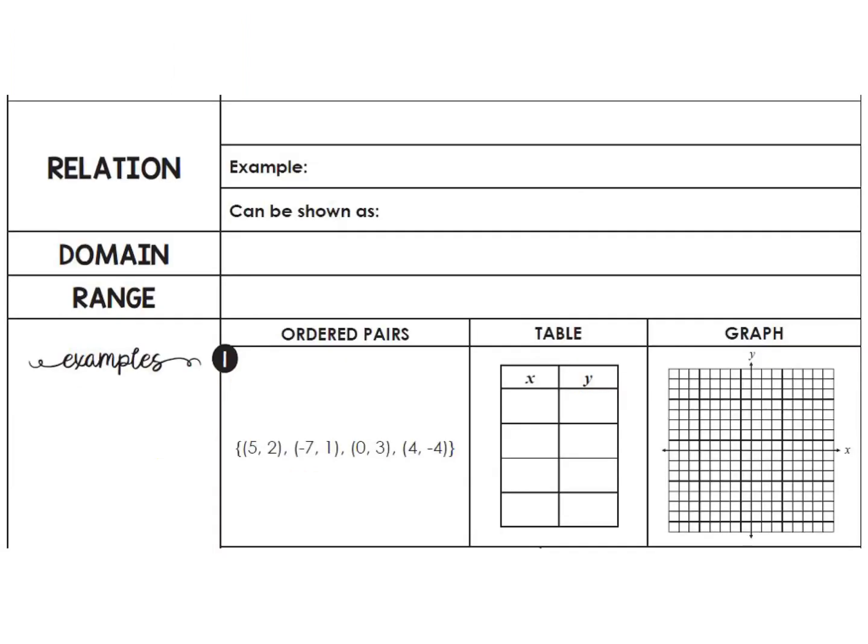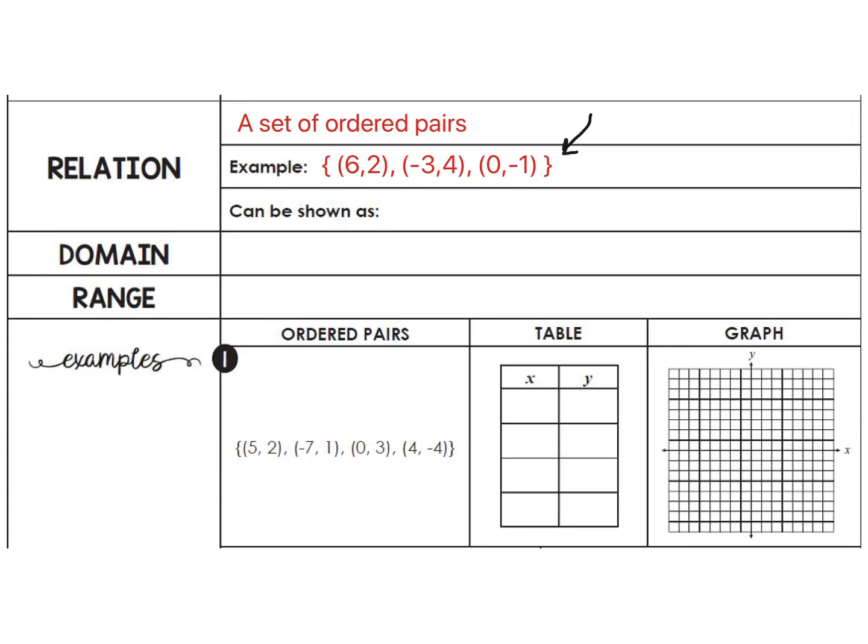All right, so we're on side 2 of our notes, and we're going to talk about what is a relation. A relation is simply a set of ordered pairs. And a set of ordered pairs looks like this, where I do see that I have these braces, if you remember this from earlier in the year.